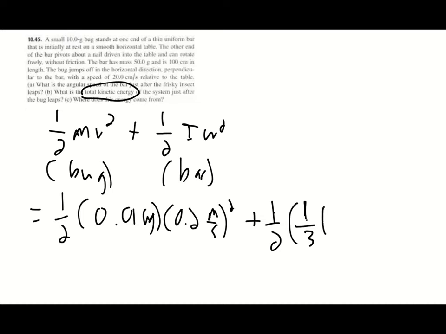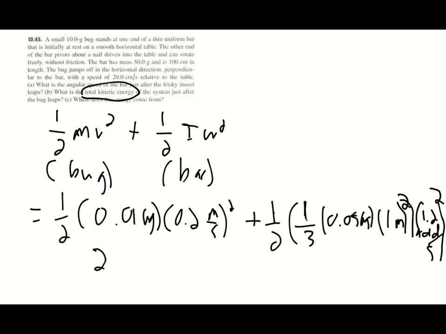That's 0.05 kilograms, times 1 meter, because that's 100 centimeters, squared. And then it's the 1.2 radians per second, quantity squared. If we do that, we get 2 times 10 to the negative 4th, and again, it's going to be joules.